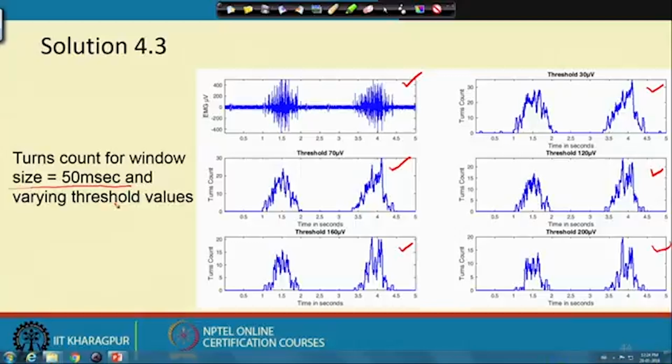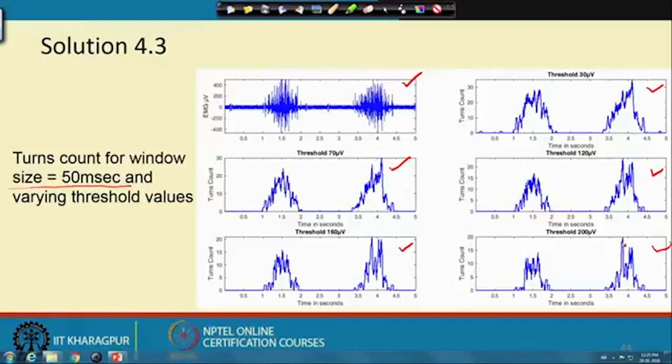If the initial amplitude for 30 was more than 30 microvolt, it has come down to 30 in this case. Then here we see it is below 30, here it is around 20, here it is even lower than that. So, we see that overall there is a reduction in the peak.